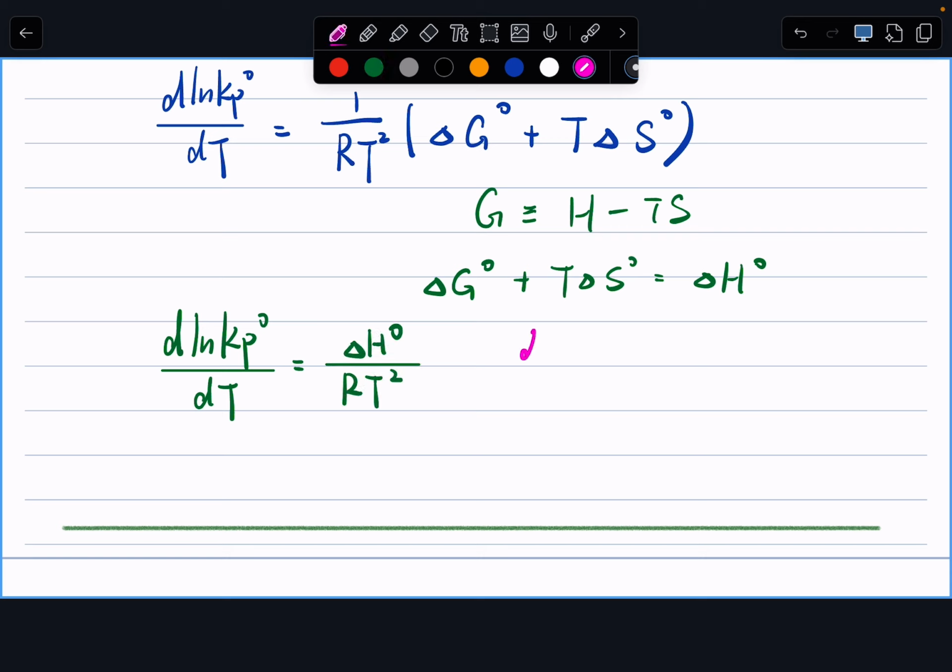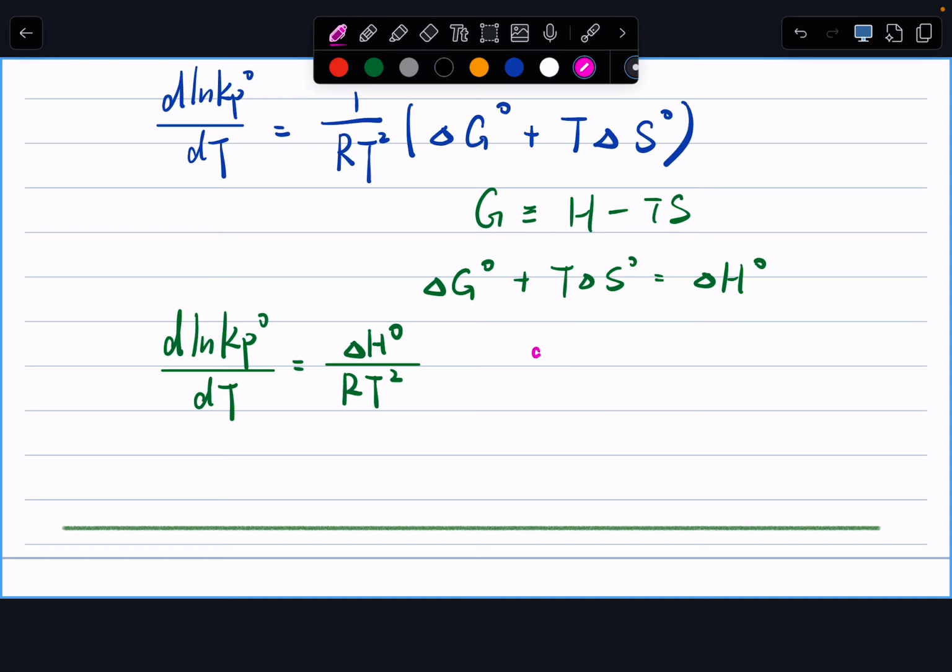We also know that d(1 over T) over dT equals negative 1 over T squared. Wait, is there something wrong there? I think I'm missing my calculus a little bit here, nevertheless.